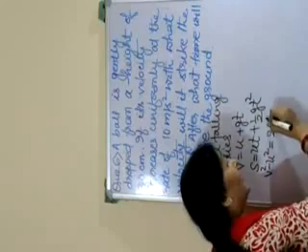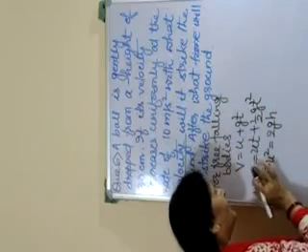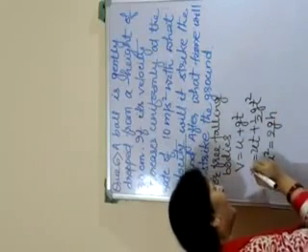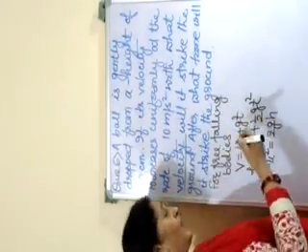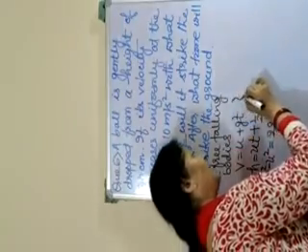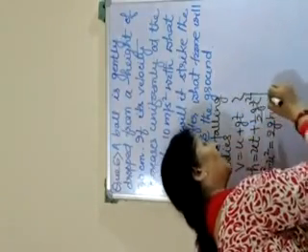Here in place of distance travelled we will take height, because from certain height the object is falling, and this is the case when the body is falling in downward direction.